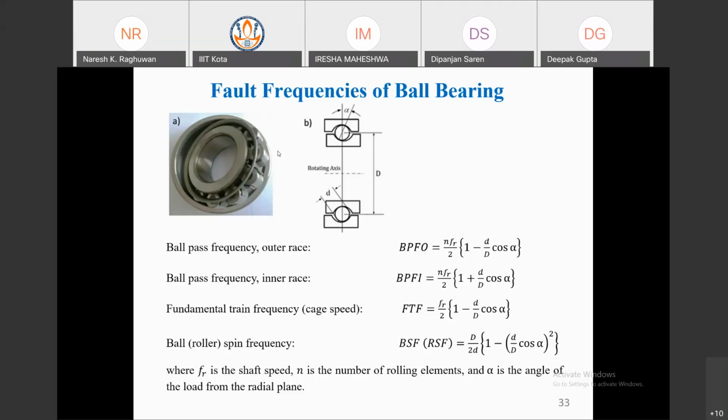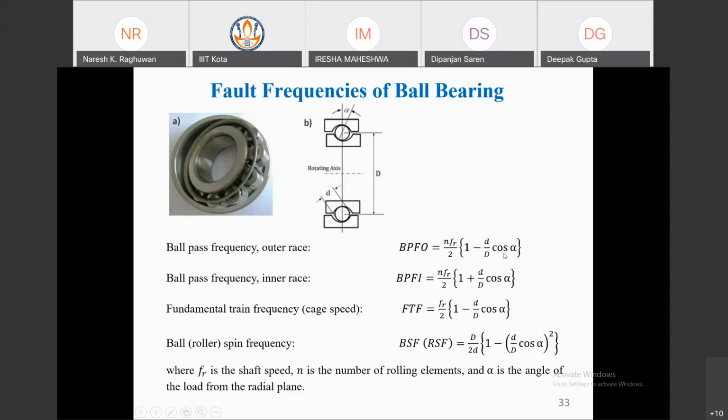In these formulas, small n is the number of balls in the bearing, and f is the shaft speed, which is generally in RPM, so you convert it into hertz. Then small d upon capital D: small d is the diameter of the ball, and capital D is the center diameter, the mean diameter of the bearing, as you can see in the figure from one corner to the second corner.